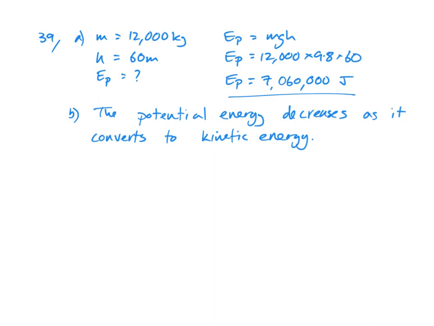So the potential energy decreases would do, but I've given you a reason for that, and it's converting to kinetic. We assume that all of that potential energy converts into kinetic energy. The kinetic energy at ground level will be 7,060,000 joules.